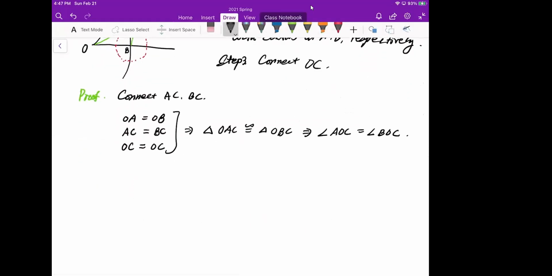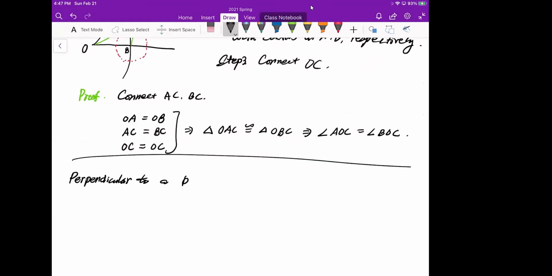So suppose I want to draw a perpendicular line to a point P on a line.